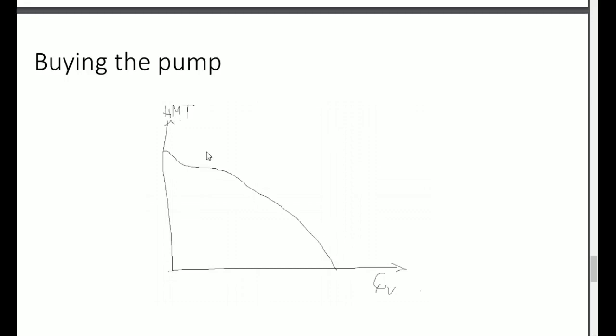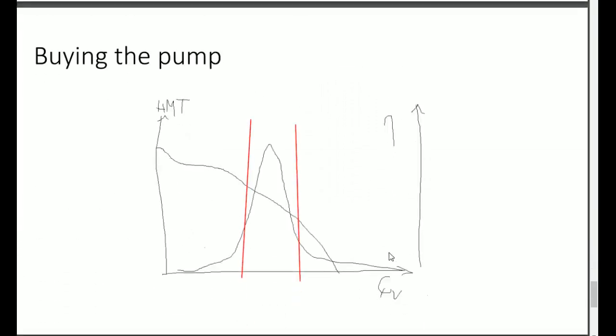However, sometimes you can't have both HMT and QV, and this is the reason for the last part of the diagram. We have a third axis with eta, the Greek letter for efficiency. So it's on a third axis, usually a different color. It's a percentage of the power that is actually furnished.